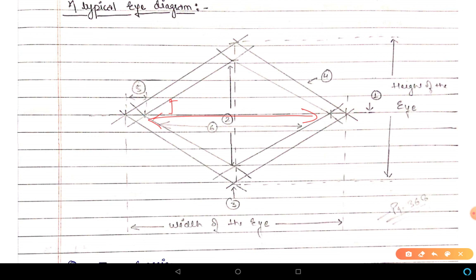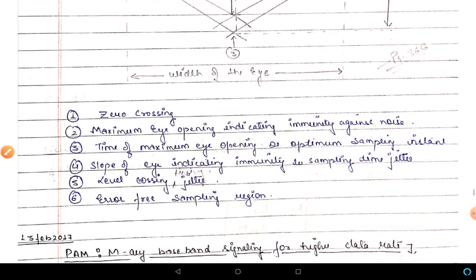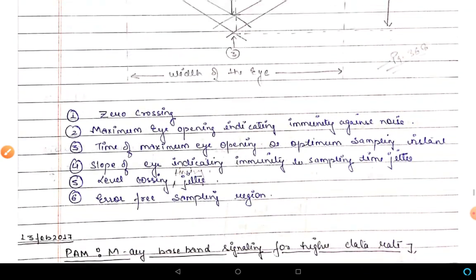And one more parameter that we have seen is that if the eye is wide open, the effect of ISI is less. If there is a closure in the eye, then the effect of ISI will be more. So these are the parameters that we can see from the eye diagram.